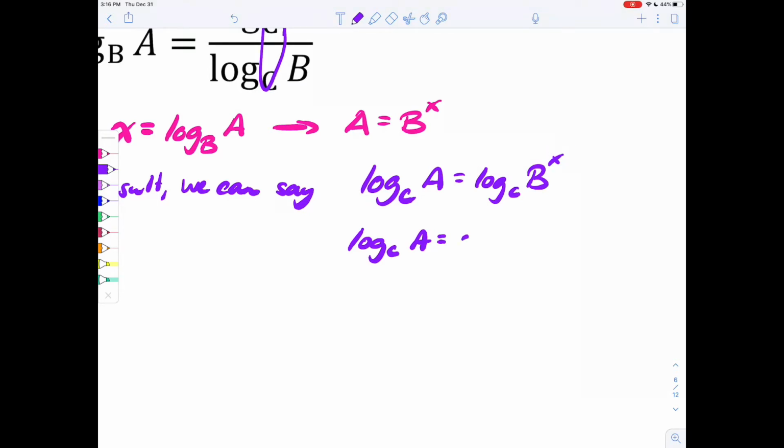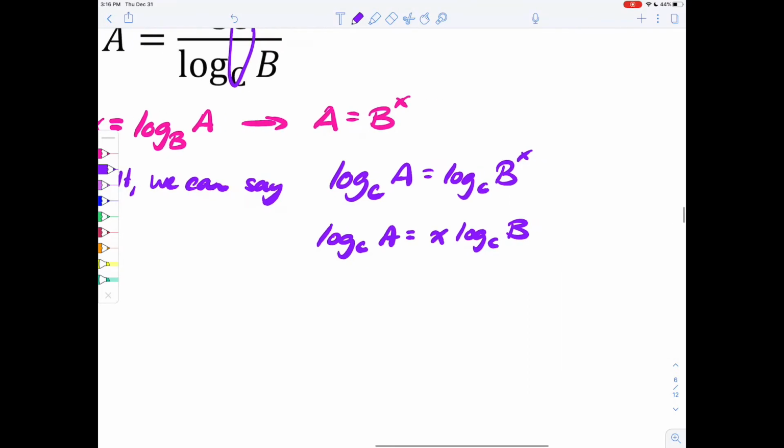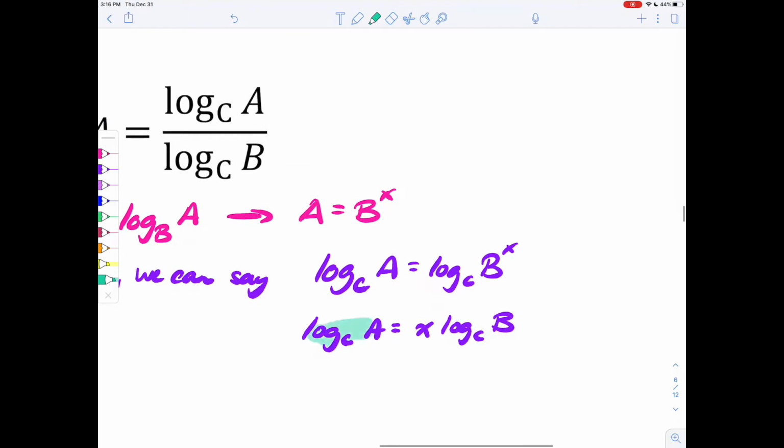So we've got x log base c of b. We've got some things in here that are what we want in our final result. We've got log base c of a, which is supposed to be there. We've got log base c of b, which is supposed to be there. It looks like the way we want to link them is to have them as a quotient. We want log base c of a divided by log base c of b.